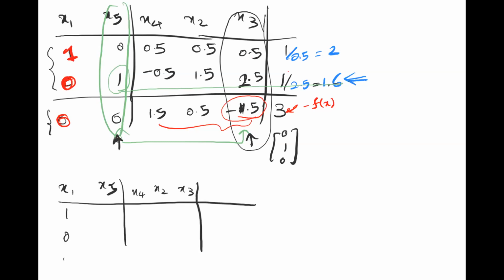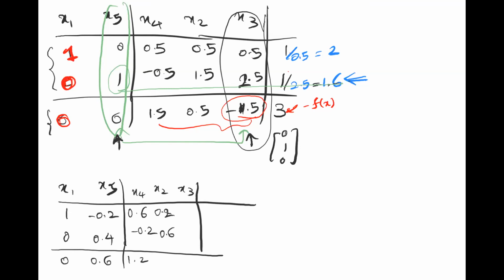So x1 is still the same, it doesn't change. x5 is going to be minus 0.2, 0.4, and 0.6. x4, 0.6, minus 0.2, 1.2. x2, 0.2, 0.6, and 1.4. And x3 is going to be ready to move to the basic variables.